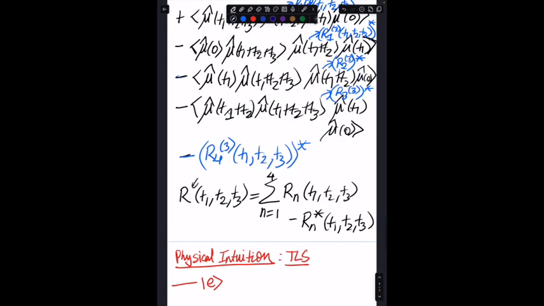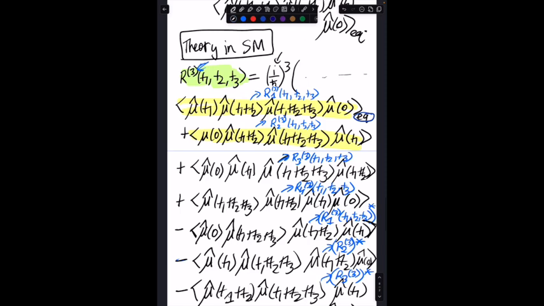R1. By the way, I would like to inform you that these terms here are known as four-point dipole correlation functions. Four-point because there are four dipoles, and dipole, of course, because it's a correlation of the four dipoles.